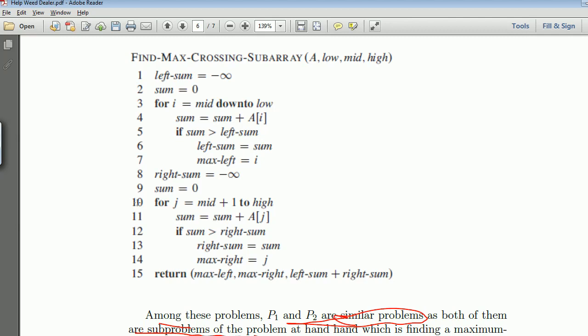Okay, now here, let me write down the array, and let's trace this algorithm for our original array.